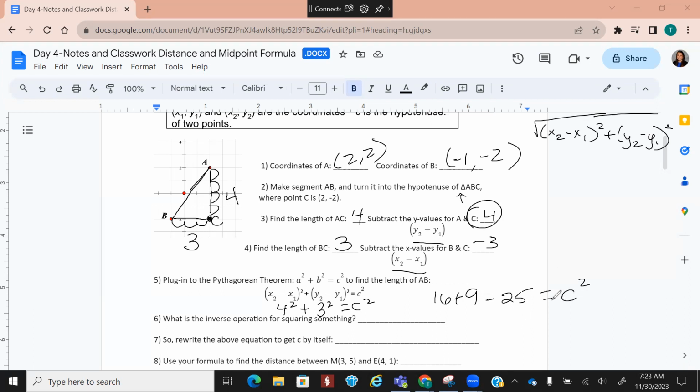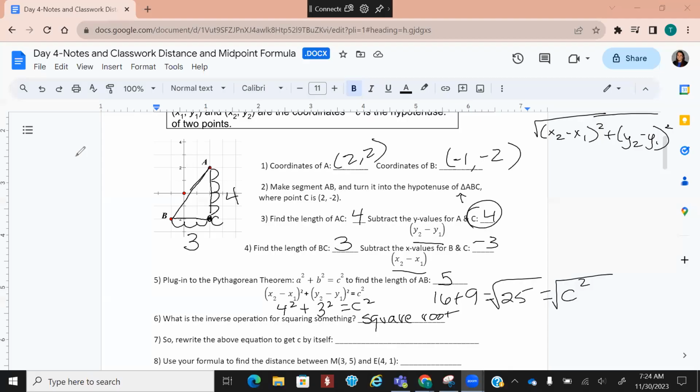Now, we still want c by itself. So what is the inverse operation for squaring something? It's the opposite of squaring something. Square rooting. So rewrite the above equation to get c by itself. If we actually took the square root of both sides, we would get c equals 5, right?